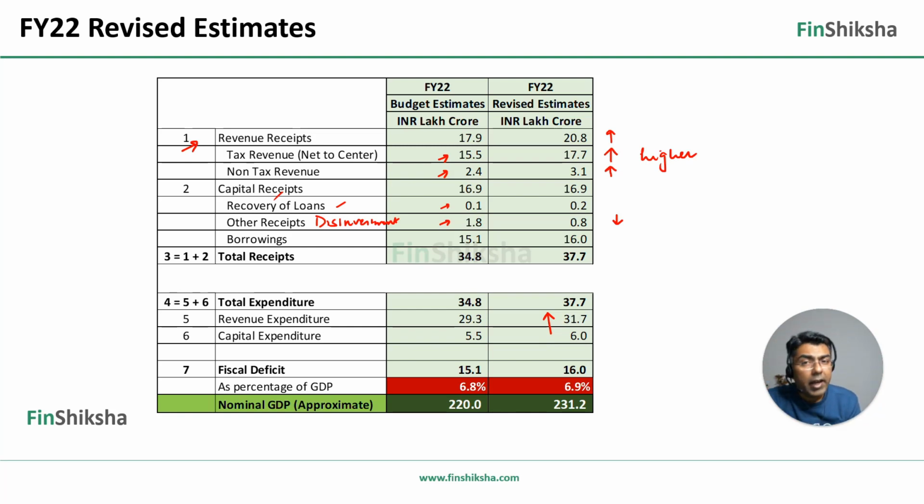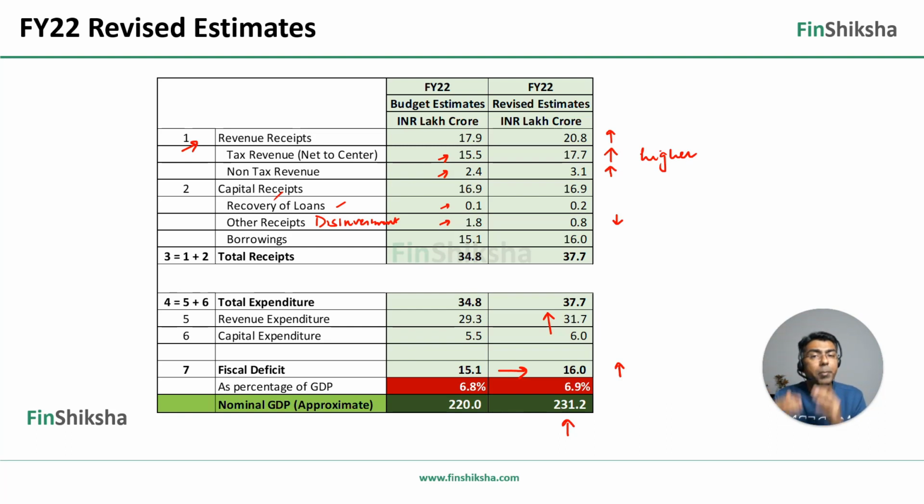Despite this, there's an increase of about 1 lakh crore in the fiscal deficit number as well. But that number doesn't change as a percentage of GDP dramatically, because the GDP estimate itself was slightly bettered in the context of the revised estimates that are there. So this is the construct of the revised estimates.